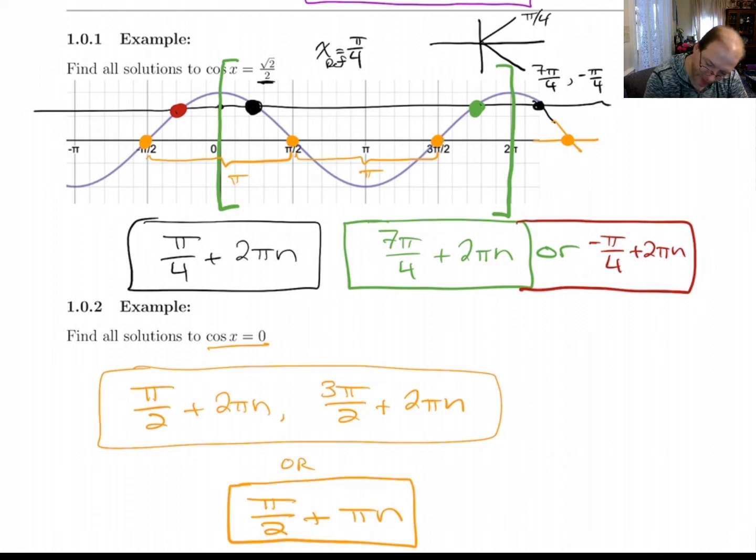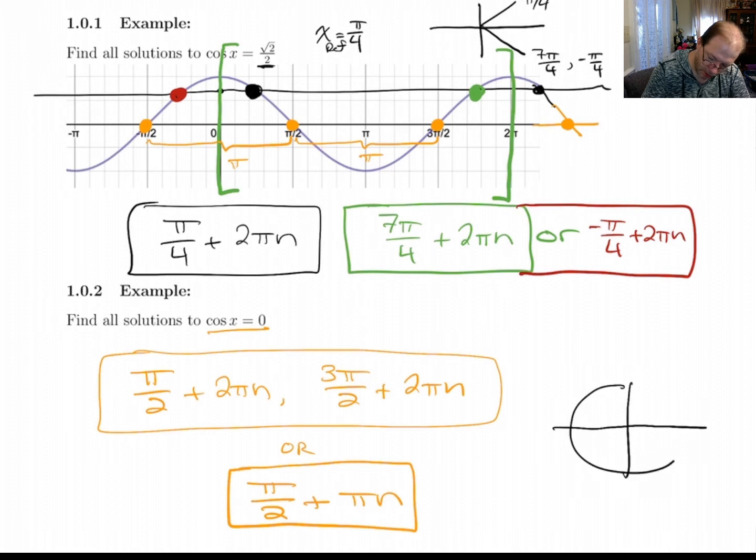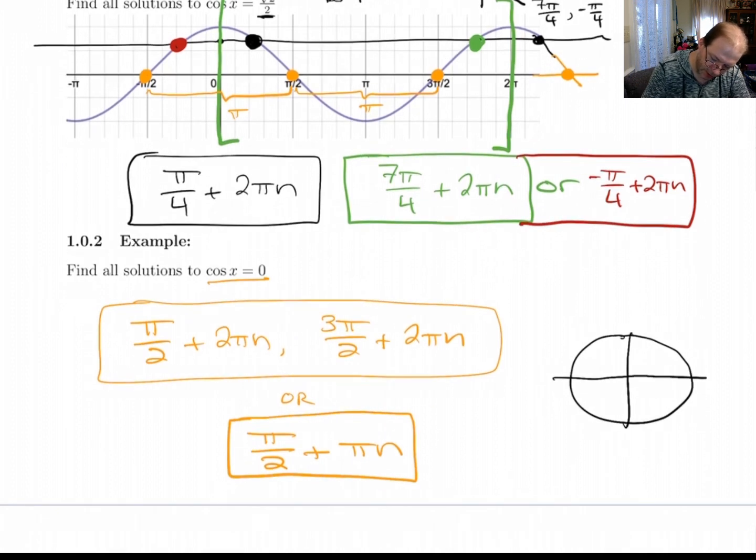Now, if you do this one by using the unit circle instead, you draw your unit circle around here and you'd say, let's see, a point on the unit circle, its x-coordinate is cosine, and its y-coordinate is sine. And so we're looking for the one where cosine is 0. So where's the x-coordinate 0 here? Well, here and here.